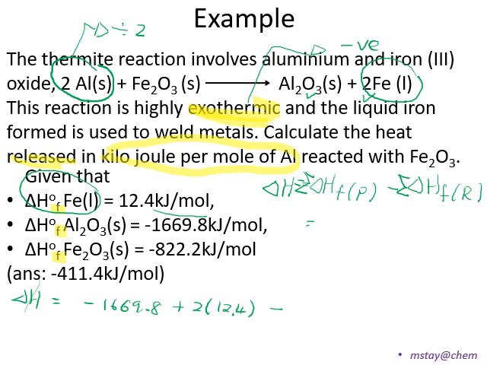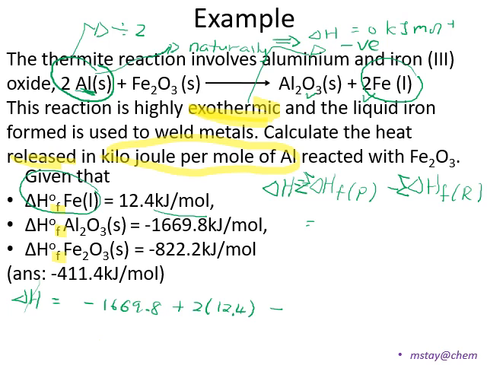So when we check here, there is no information about solid aluminium, because this aluminium occurs naturally. If it occurs naturally, that means there is no heat involved. So when there is no heat involved, the delta H will equal 0 kilojoule per mole.